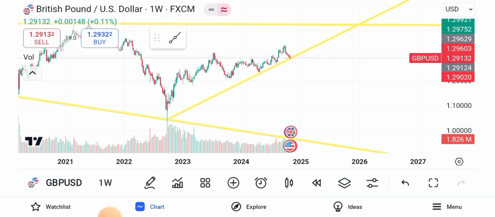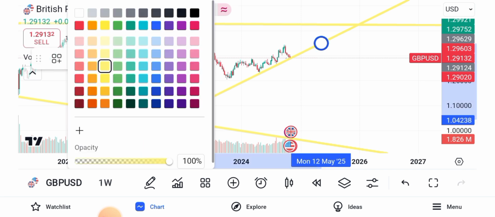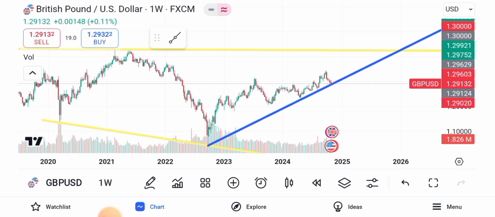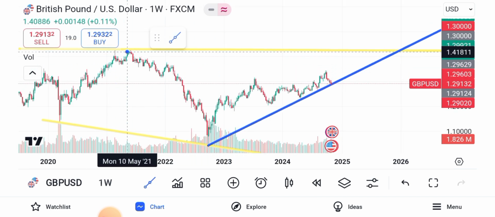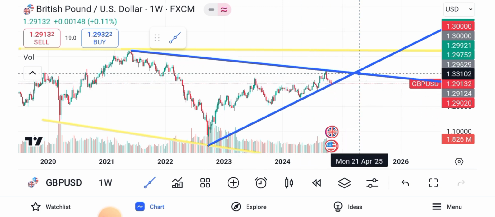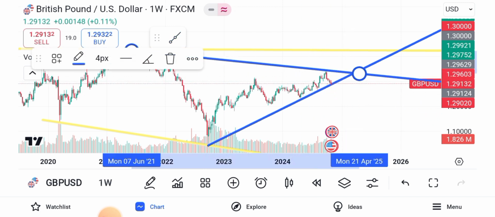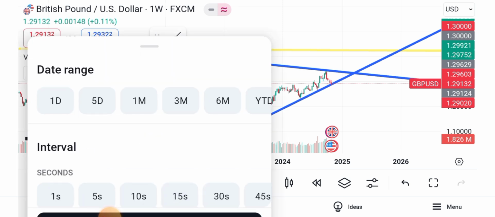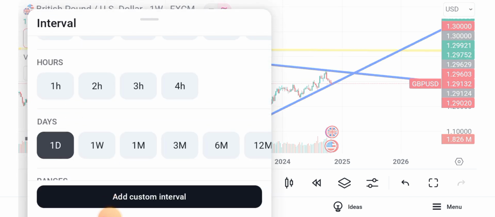So we're gonna change the color of this trend line to blue. And the top side, we are going to start off from here up until here. Latest swing low. Swing high. We are going to move now to our daily chart.